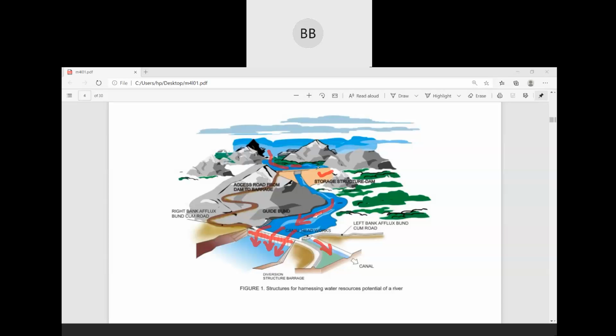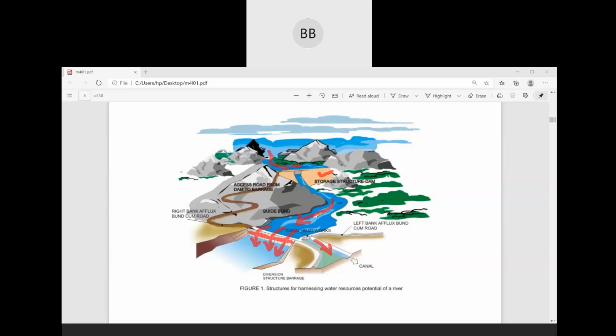In a small river where we have enough water, we basically go for constructing a barrage and weir to lift the water level, and then we divert the flow as per the requirement. This barrage and diversion is mainly used during the monsoon or rainy season, when we have excessive rainfall and the flow of water is also maximum.